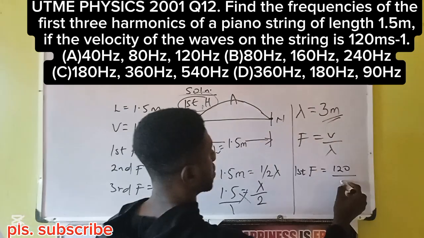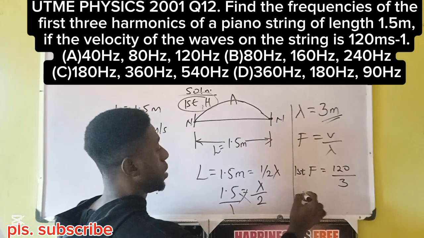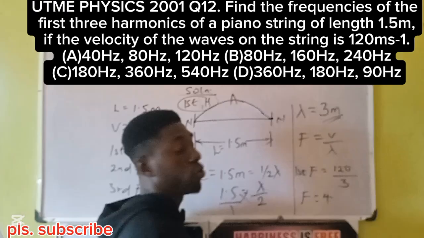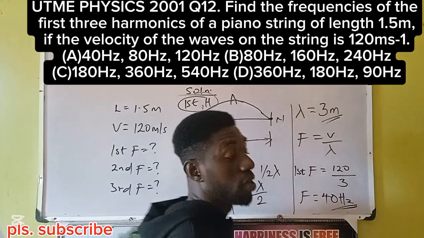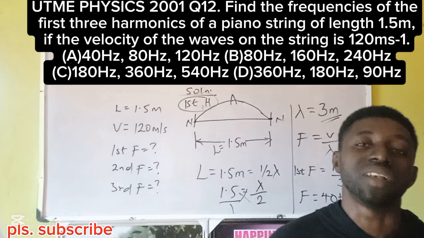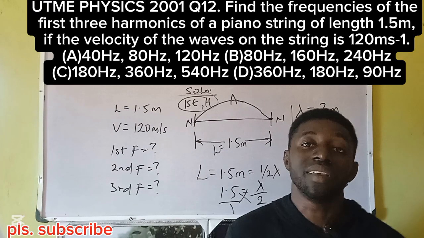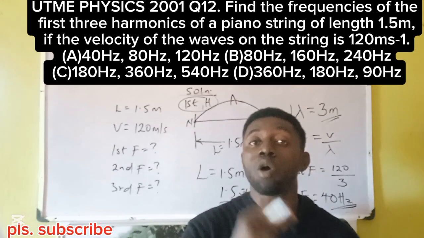Our wavelength is 3, from what we solved. Then 12 divided by 3 gives me 4. Drop down your 0: 40 Hz. We've gotten the frequency demanded. The first harmonic or the fundamental frequency is 40 Hz.